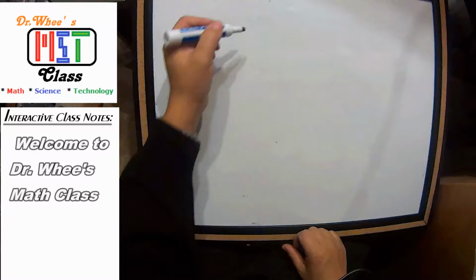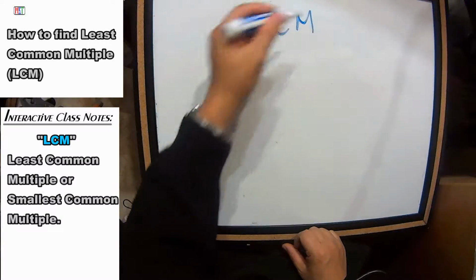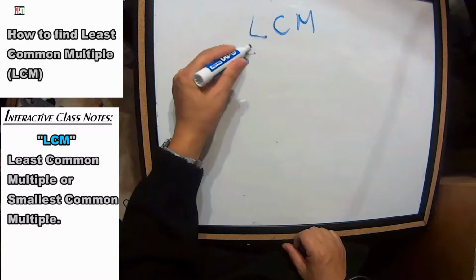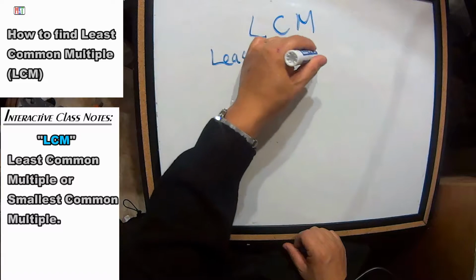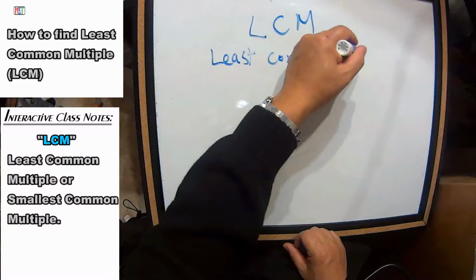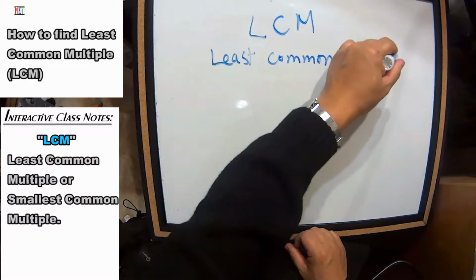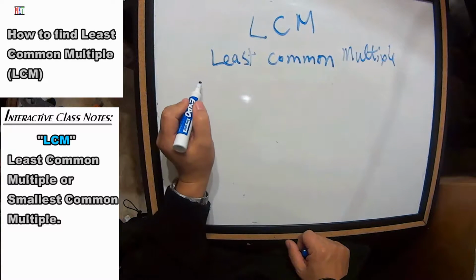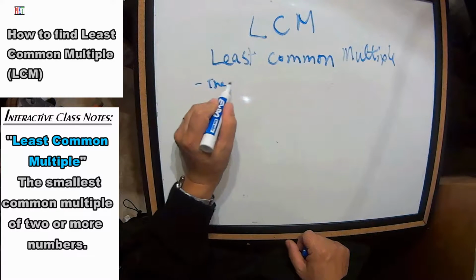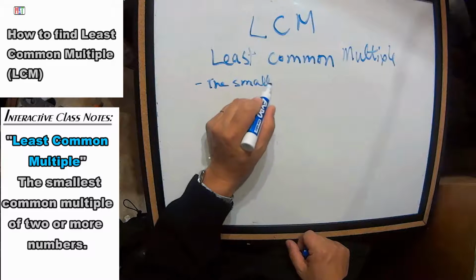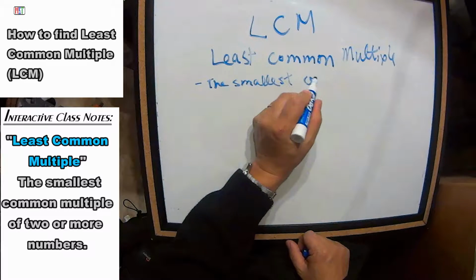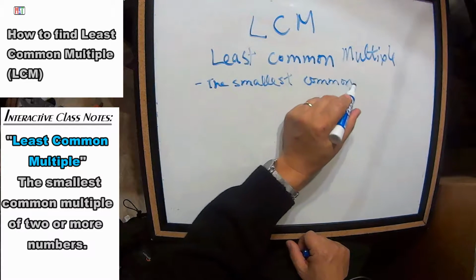Today we'll be learning about LCM, least common multiple, and how to find them. Okay, so let's define what least common multiple is first. It is the smallest common multiple.